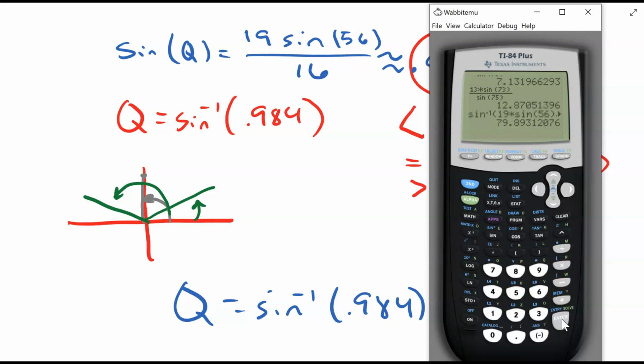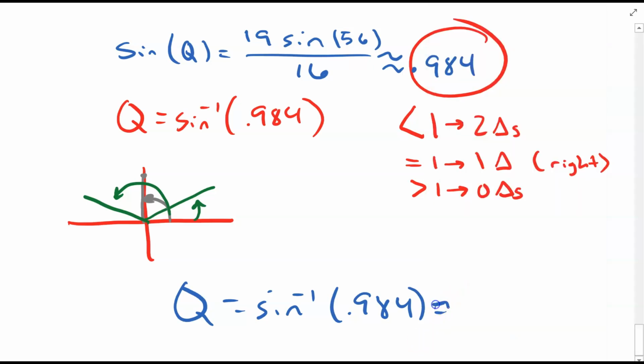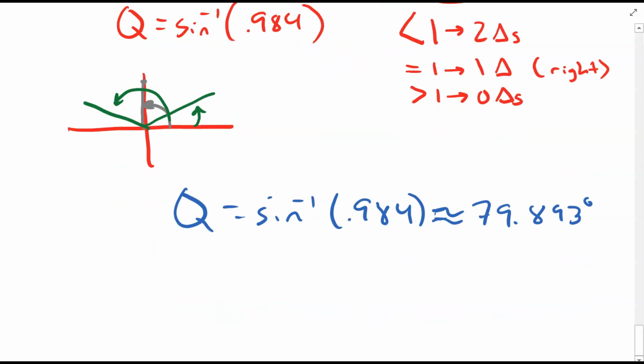Sometimes the decimal points matter a little bit, depending on how much accuracy you're looking for. So I'm going to keep all my decimal points. So that's 79.893. I'm going to try to keep 3 decimal points through most of this. Actually, I'm going to use all of the decimal points when I put them in the calculator. I'm going to write down 3 of them, though.